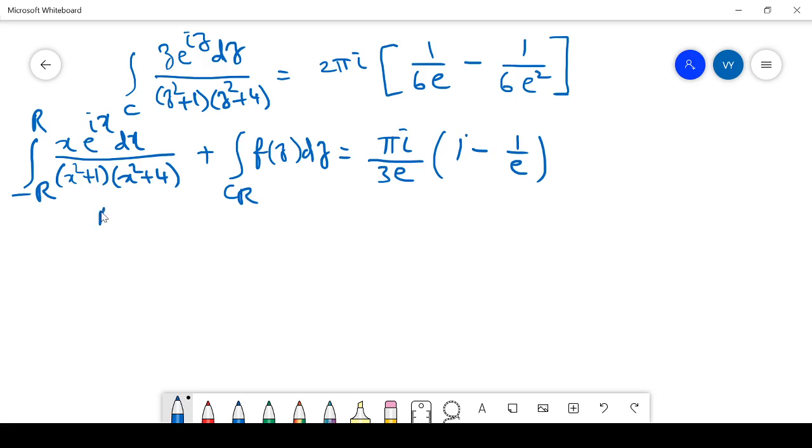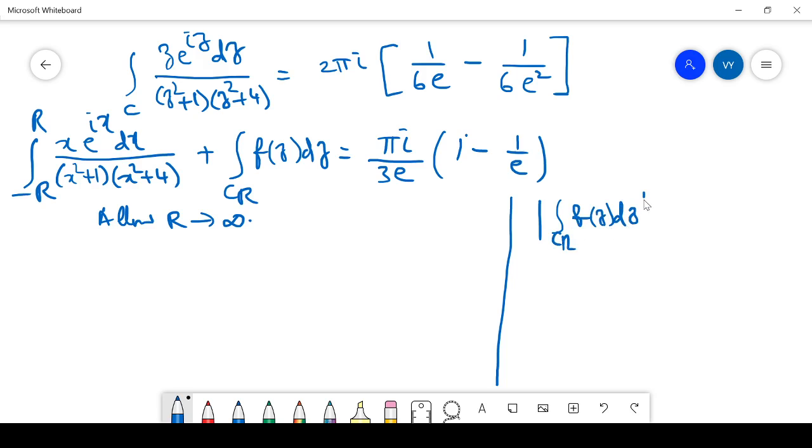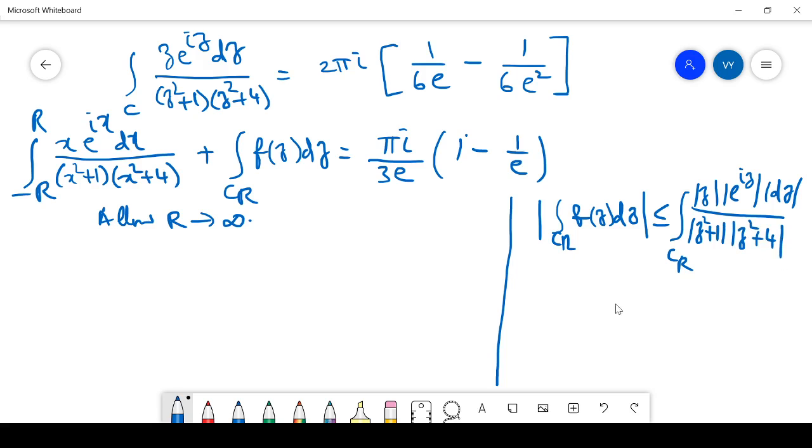And now I allow R to tend to infinity. So what will happen to this? The modulus of the integral over CR of f of z dz will be less than or equal to the integral over CR of mod z, mod e power iz, mod dz by modulus of (z squared plus 1) into modulus of (z squared plus 4).